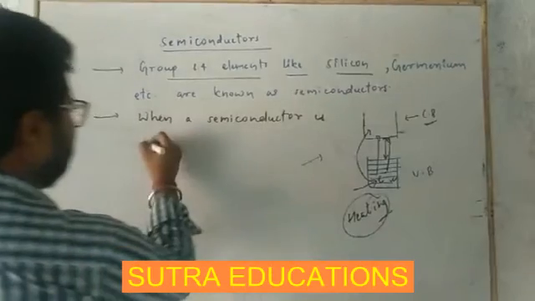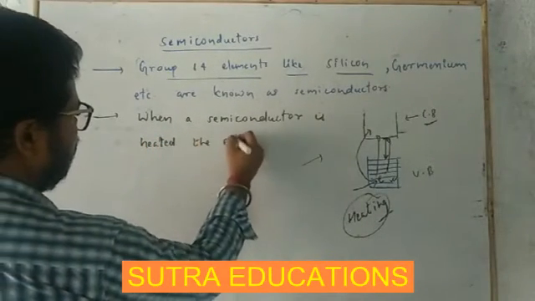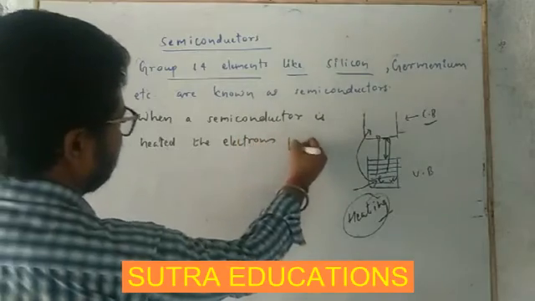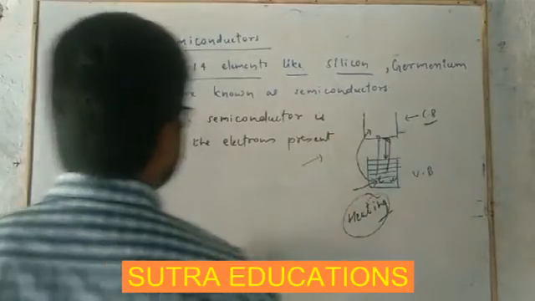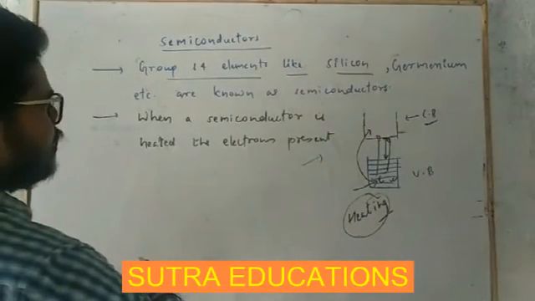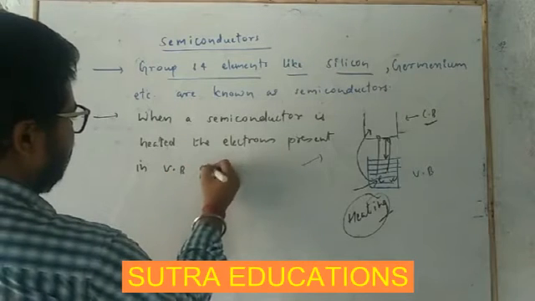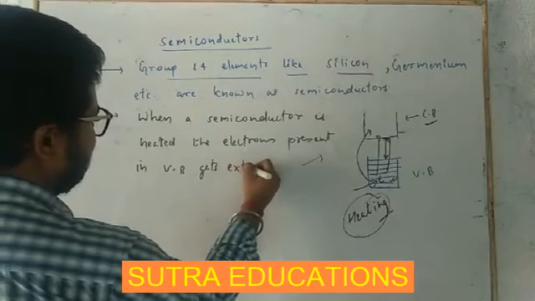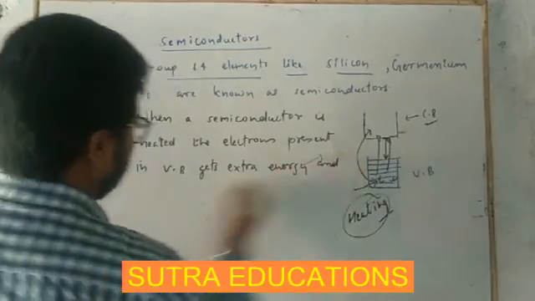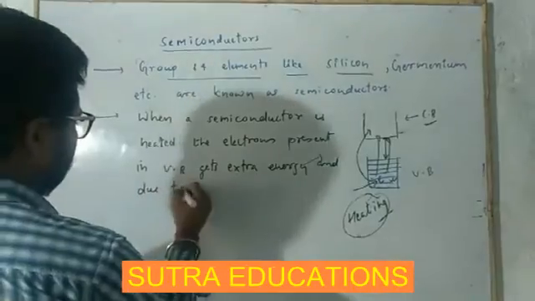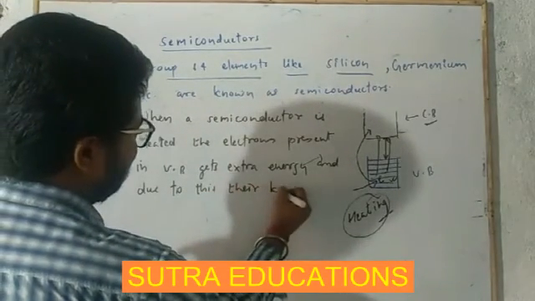And that's why, when a semiconductor is heated, the electrons present in the valence band get extra energy. Due to this, their kinetic energy increases.